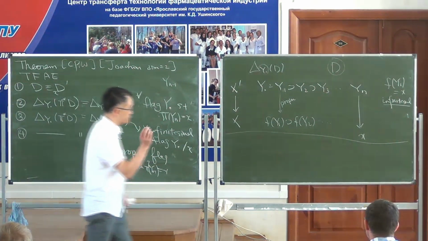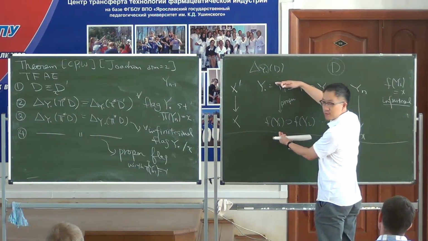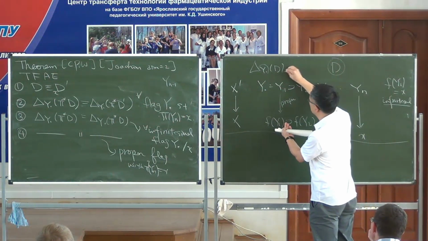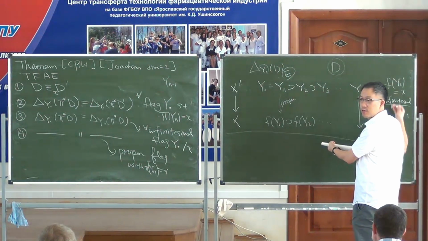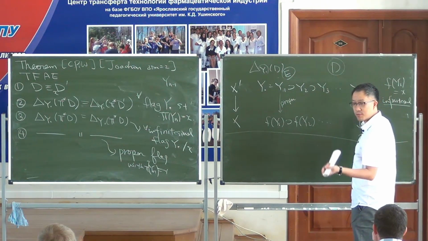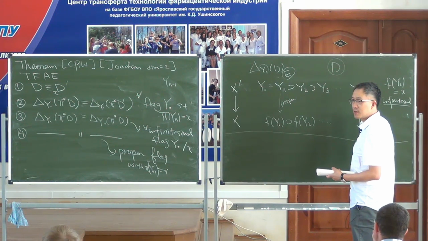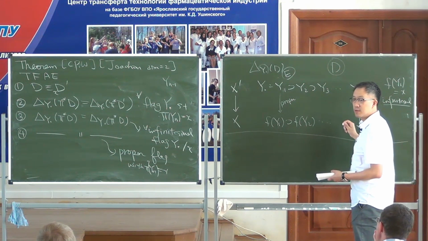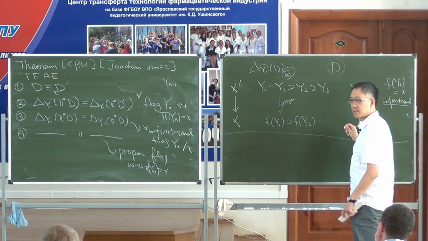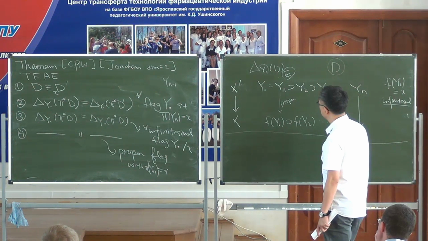So first you have a flag, and you lift it to a new flag, and you intersect with the exceptional divisor, and you get another kind of flag. Right? That's what you are talking about. Okay, but with different flags. Yeah. Because for instance, the first place you take not the exceptional y1, but the exceptional divisor, you take E itself.